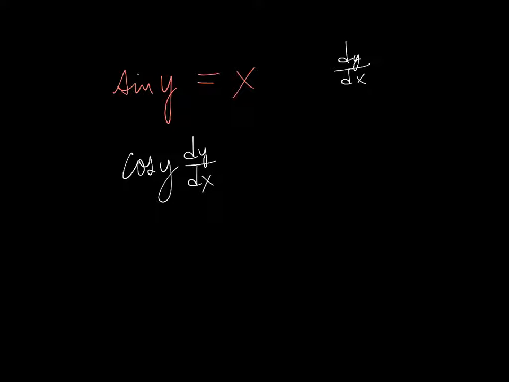And this would be 1, correct? So now dy/dx, this is super duper easy, 1 over cosine y. Yay. Done.